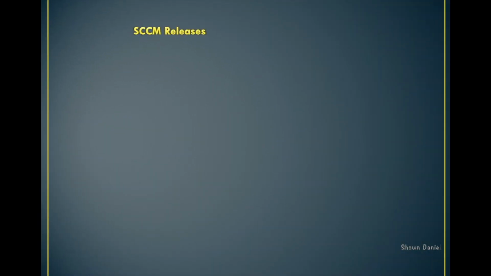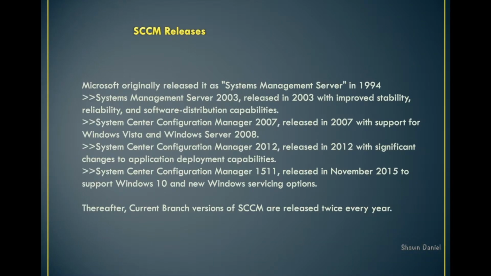SCCM releases. Microsoft originally released it as Systems Management Server in 1994. Systems Management Server 2003 released in 2003 with improved stability, reliability, and software distribution capabilities. SCCM 2007 released in 2007 with support for Windows Vista and Windows Server 2008.